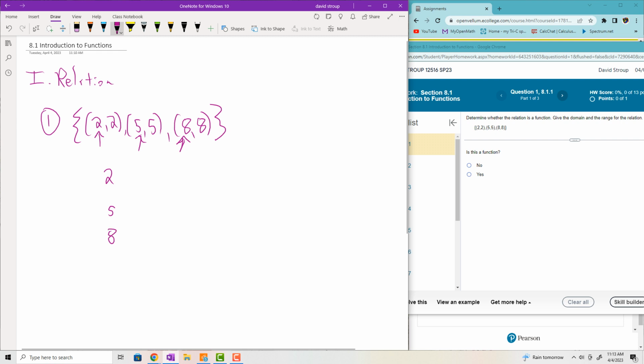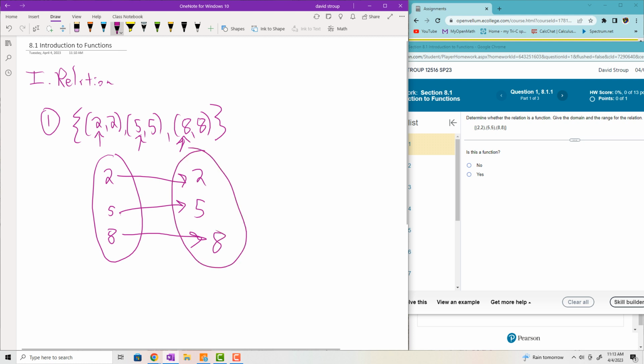And you can make a little diagram here. So 2 goes to 2, 5 goes to 5, and 8 goes to 8. So long as 2 only goes to one number, and then 5 only goes to one number, and 8 only goes to one number, then we're good. We'll see an example of something that's not a function in a second.